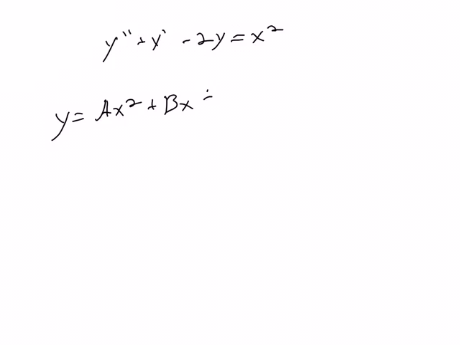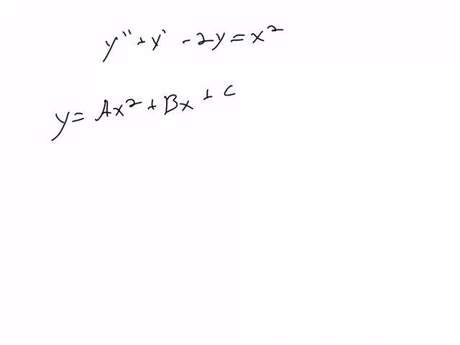So problem 85. You know what, I'll try the differential equations one because it is important. So again, y double prime plus y prime minus y is equal to x squared. And we have y is equal to ax squared. In the video, it should still have the part where I did all this. It's just that I don't have that page.